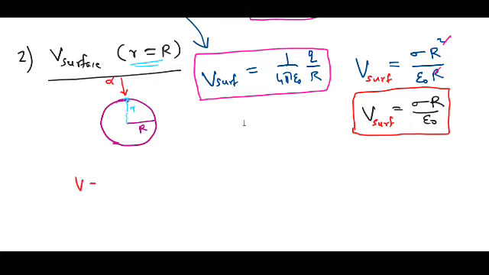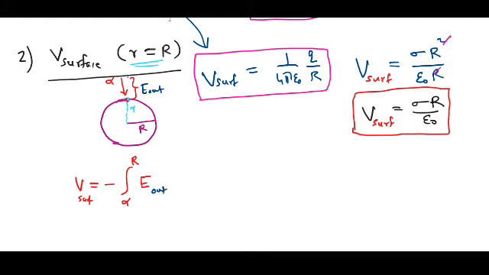Therefore, the expression is V at the surface is minus, we are coming from infinity to the point R, where the point of interest is exactly at the radius R. Then from infinity to this surface, in this region, the electric field is nothing but the electric field outside.